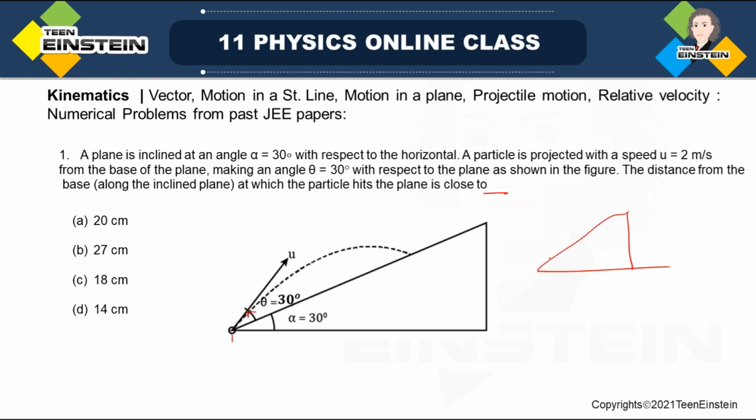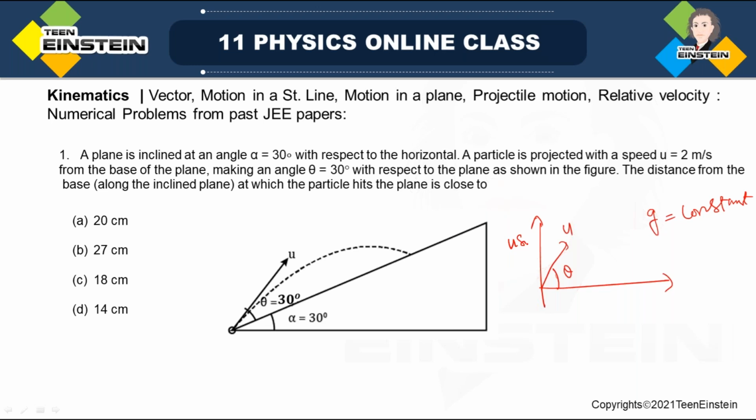In general, in the textbook a projectile is projected at some angle theta, and we take g as constant, with u sin theta in the vertical direction and u cos theta along the horizontal direction. Since gravity always acts in the vertical direction, there is uniform motion in the horizontal direction.